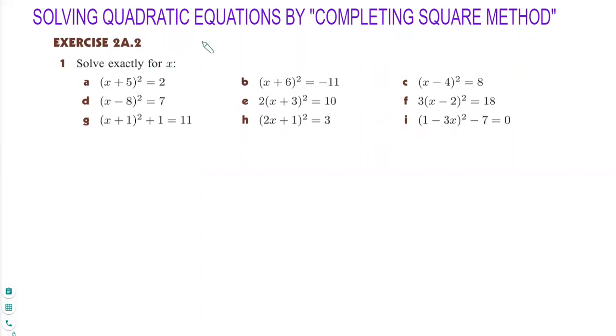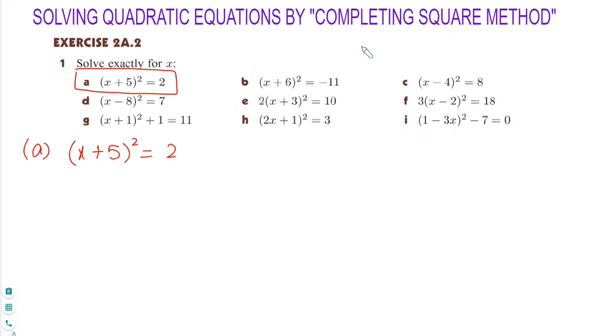So I'm going to explain this method using an example, taking the question from exercise 2A.2 of the Mathematical Methods book. I'm taking the first part, that is part A. In part A, I have (x + 5) whole square equals 2. On the left-hand side, you can see it is already a completed square.